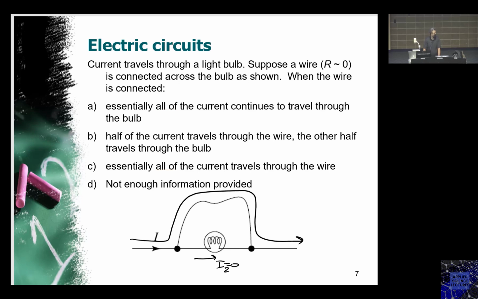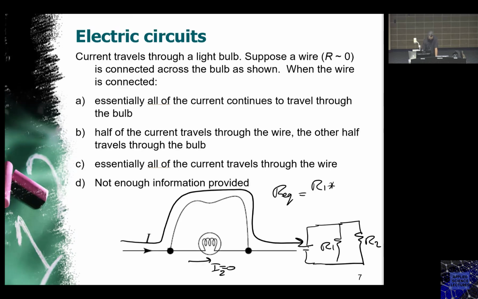Now, the relationship for the equivalent resistance for two resistors in parallel is given by this expression. R equivalent is the product divided by the summation. So if I have R1 and R2 in parallel this way, then the R equivalent is the product over the summation.